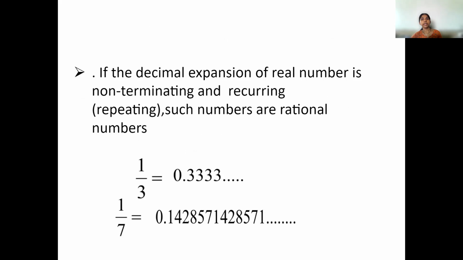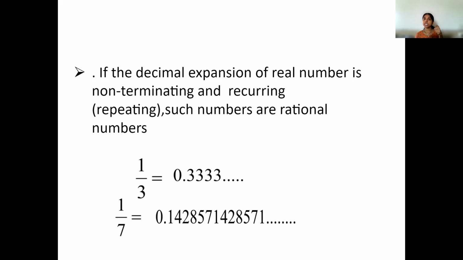Next, when is it called an irrational number? If the decimal expansion of a real number is non-terminating, it is not ending somewhere, but it will repeat, or recur, such numbers are also rational numbers. So under two conditions, a decimal number becomes a rational number. The first condition is that the decimal expansion is terminating, that means ending somewhere.